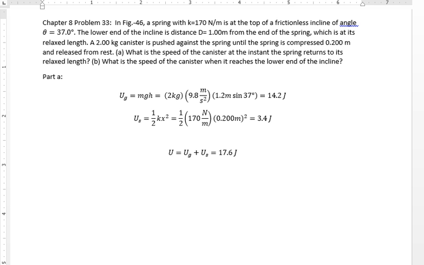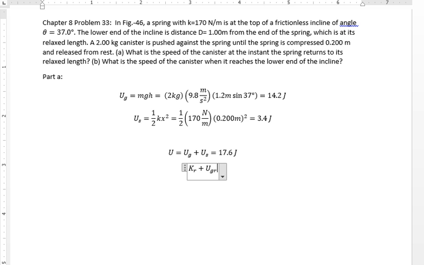What is the speed of the canister at the instant the spring returns to its relaxed length? Now we know the total energy in the system is 17.6 joules. So now we want the kinetic energy at the instant of release plus the gravitational potential energy.